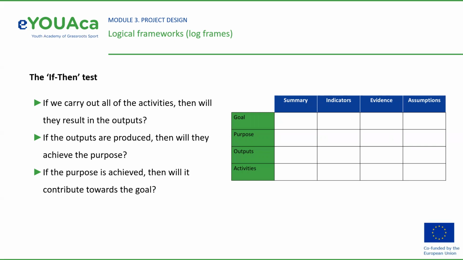If the outputs are produced, then will they achieve the purpose? Finally, if the purpose is achieved, then will it contribute towards the goal? We might find we need to adjust the wording of the objectives or add new ones. We might decide that some objectives are not relevant and so delete them.